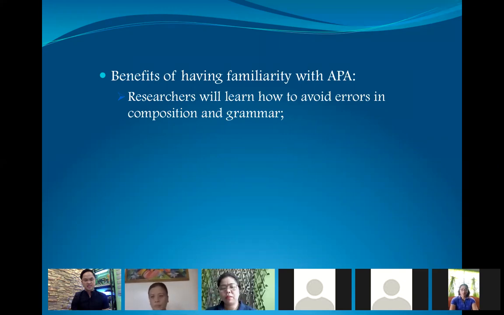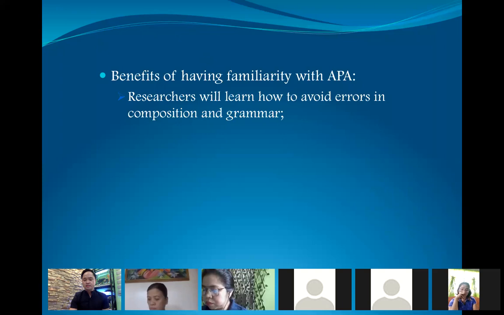Parang ginagawa nilang shows. Imbis na the data are, sasabihin nila the data is. So, the American Psychological Association style will also teach you how to properly use the correct grammar. Because grammar and composition are also essential in scientific writing.